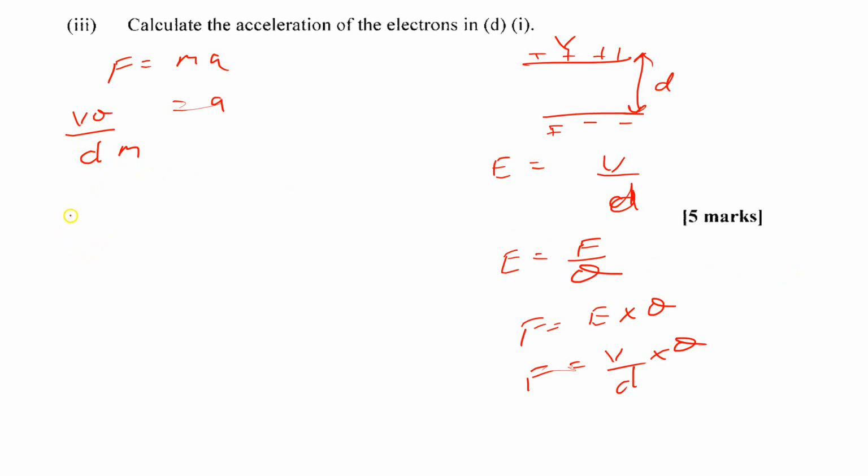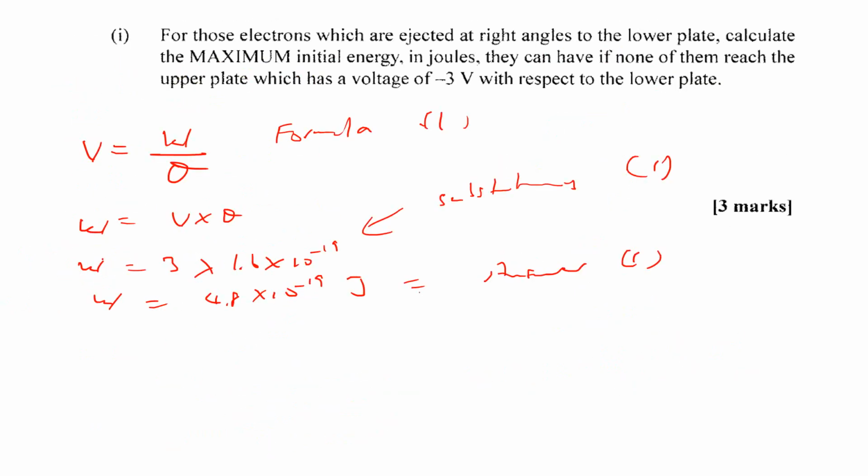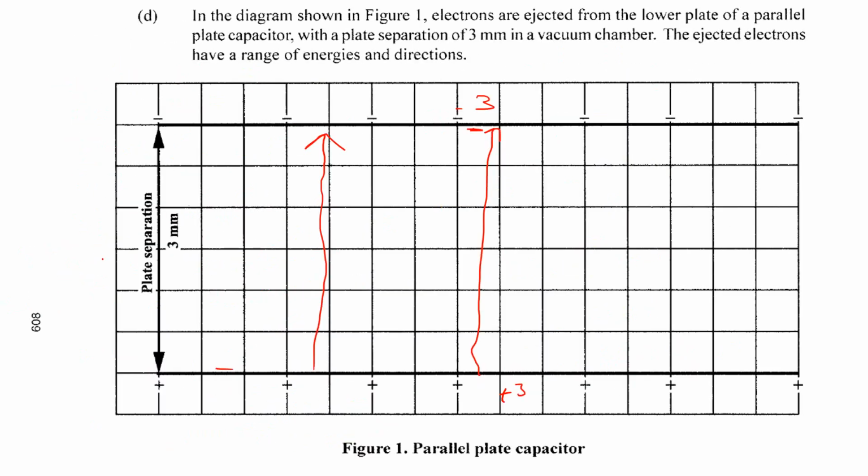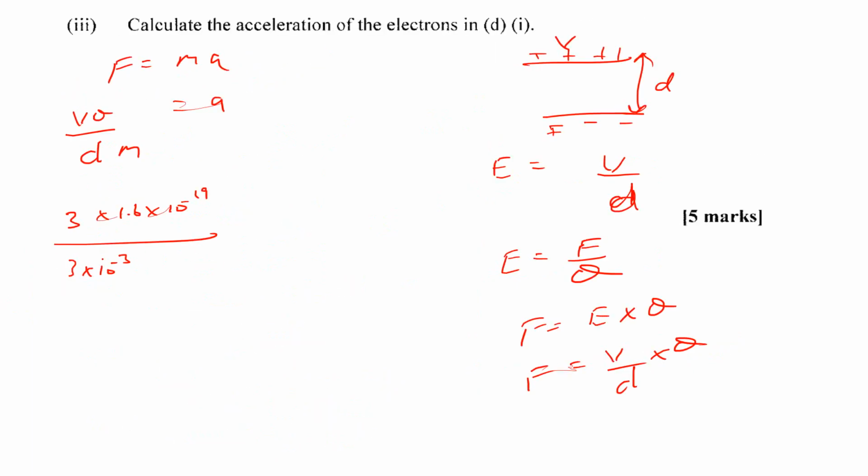The voltage, as we would have found out already, is 3 volts. Charge of the electron is 1.6 times 10 to the minus 19. And then D, which is the separation distance, I believe that was, let me just go back and look because I don't want to say the wrong thing. Yes, 3 times 10 to the minus 3. Times the mass now, which is what?